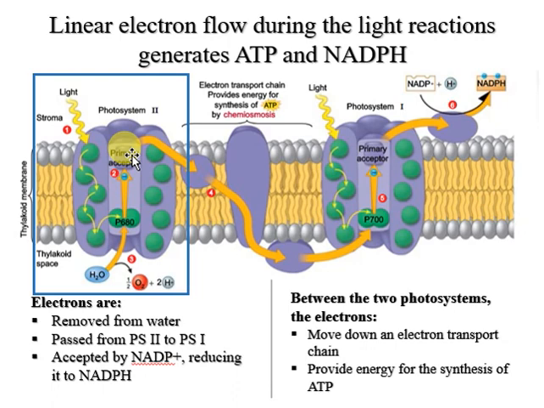So what's going to fill that hole? What's going to replace that missing electron? Well, that missing electron is going to be replaced by extracting low energy electrons from water. You're going to have an enzyme that comes along and breaks a molecule of water into 2 electrons, atomic oxygen, which is your half O2, and 2 protons.